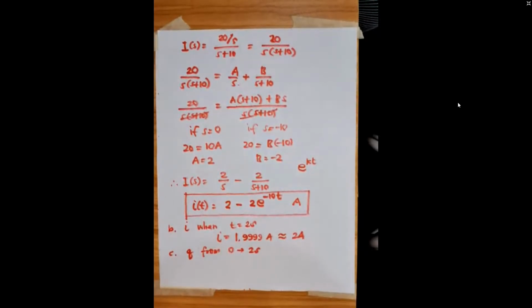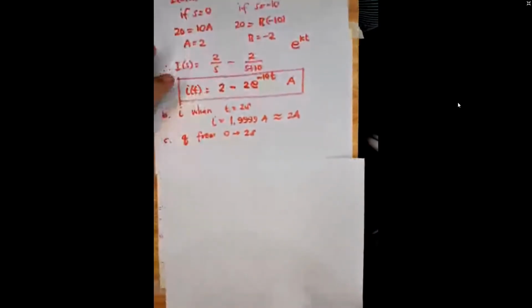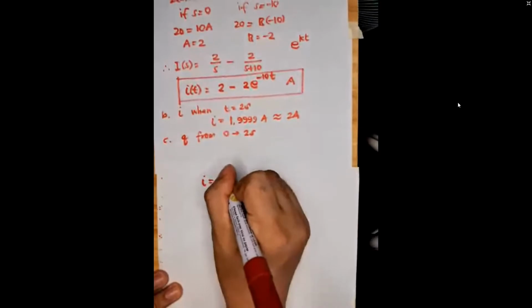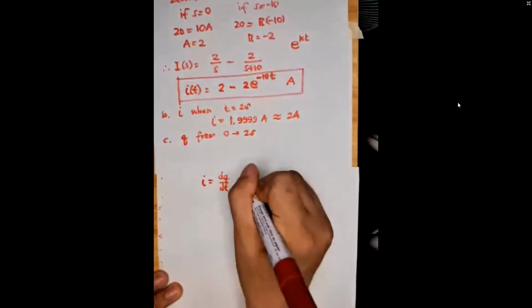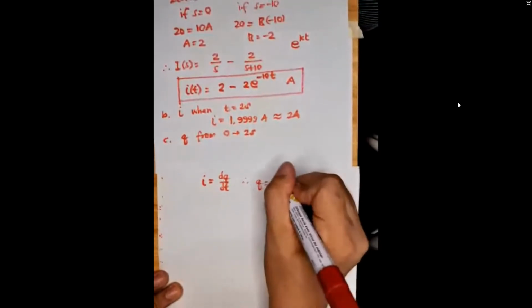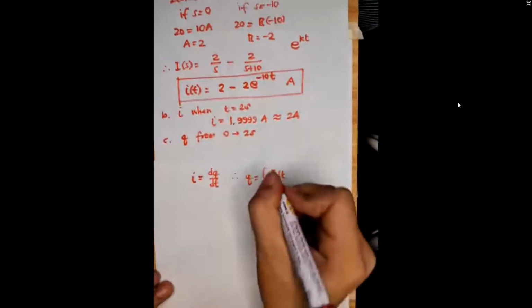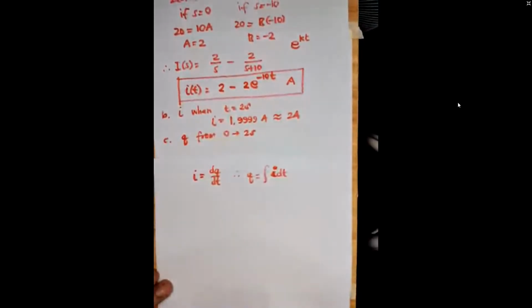Okay, so ano bang gagawin natin dito? Anong relation ng I at Q? Di ba ang I is equal to dq over dt. So therefore, Q is equal to the integral of I dt.